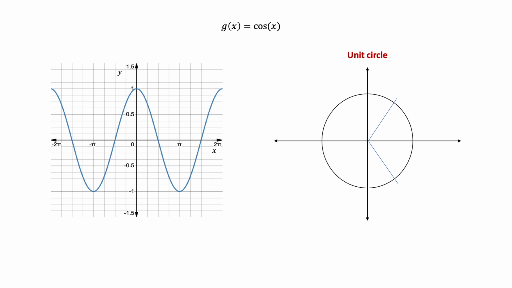Instead of using x, I'm going to think of the function g of theta equals cosine theta. Since we're going to be using the unit circle, it's going to be easier for the brain if we do that. So imagine that I consider this angle theta right here and this one negative theta.